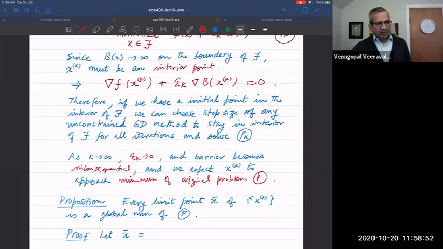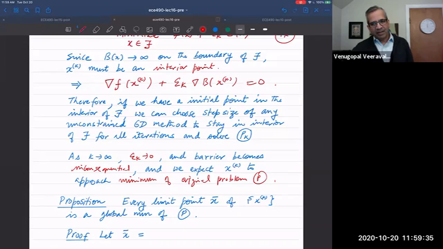So the practical approach would be to start with a largish value for epsilon, use gradient descent, find a solution, use that as a starting point for a smaller epsilon, and so on, and keep going until you've chosen an epsilon. Again, there's a lot of engineering there, to figure out how small epsilon should be and so on. And then at some point you'll get pretty close to a solution to the original problem.